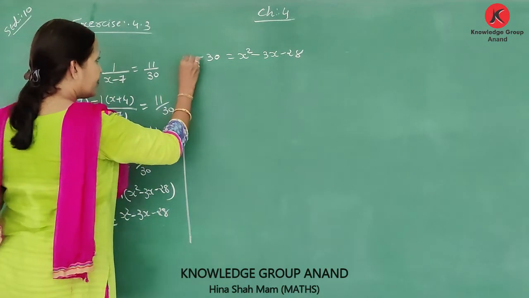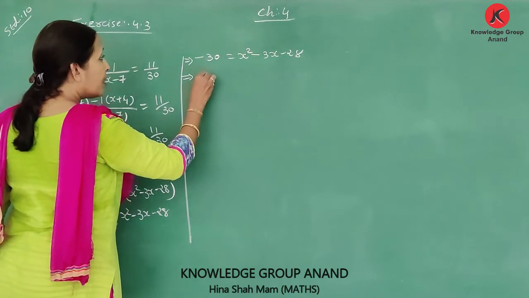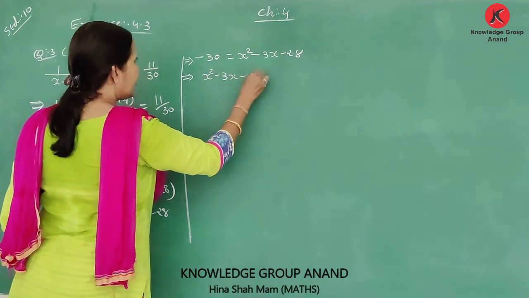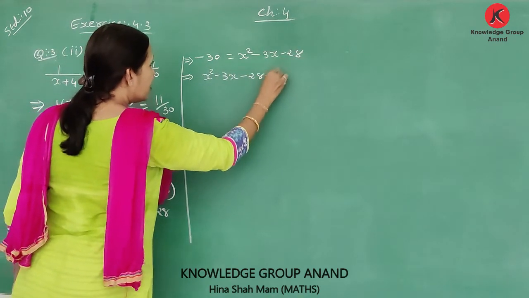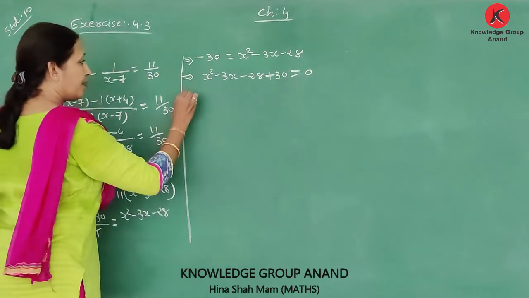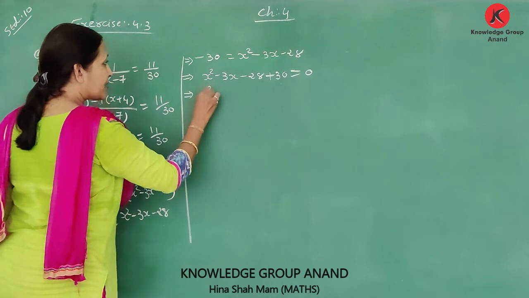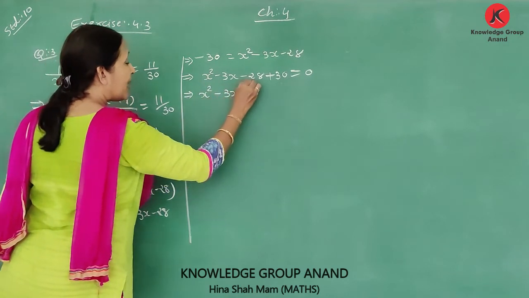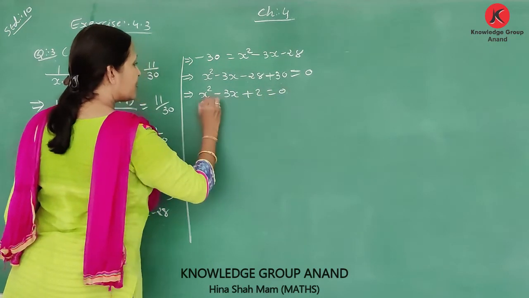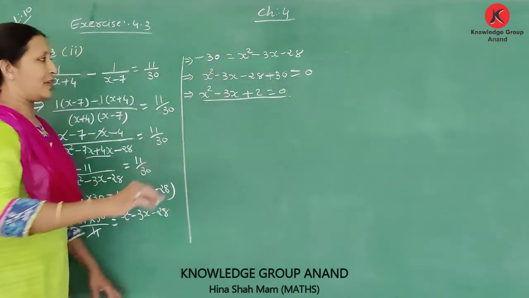Taking the other side, x square minus 3x minus 28 plus 30 is equals to 0, that is x square minus 3x plus 2 equals to 0, which is our quadratic equation.